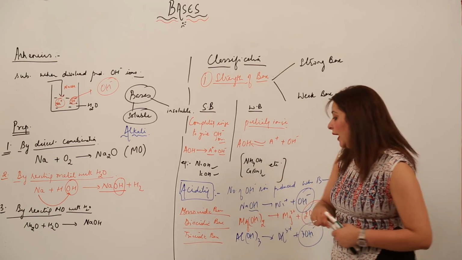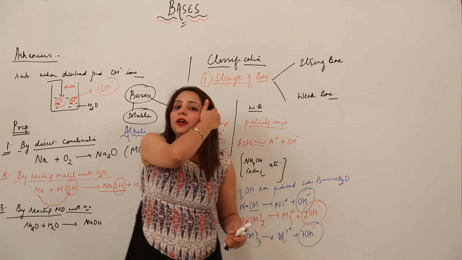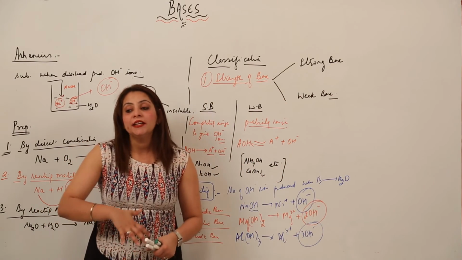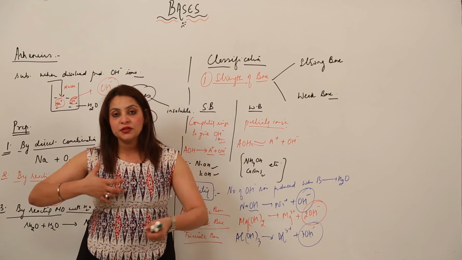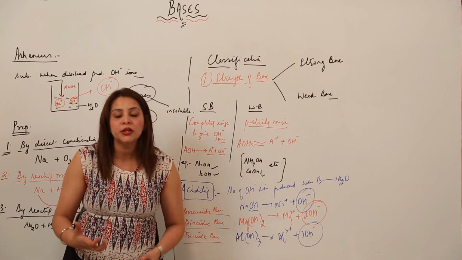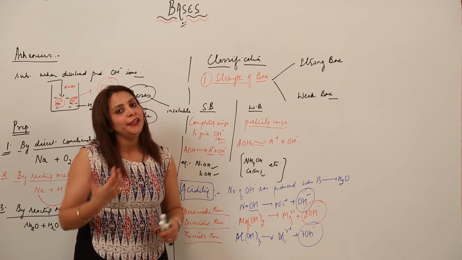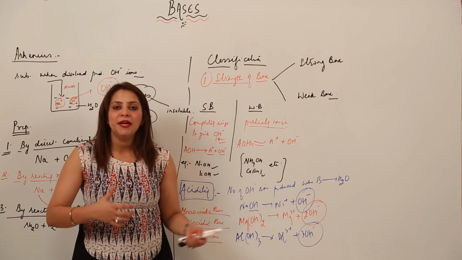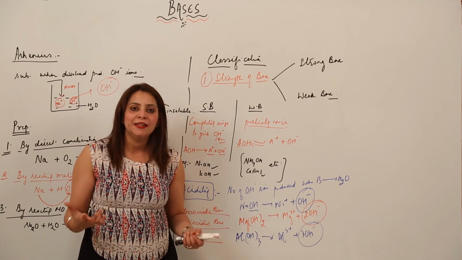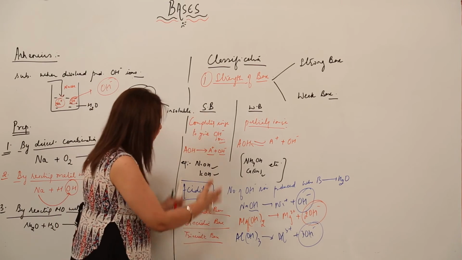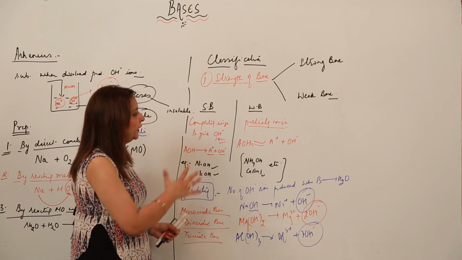So likewise, depending upon the number of hydroxide ions they contain and the number of hydroxide ions they give when dissolved in water, we speak of the acidity of bases, and accordingly we call that base a triacidic base, diacidic base or polyacidic base, right? So these are somehow the properties.